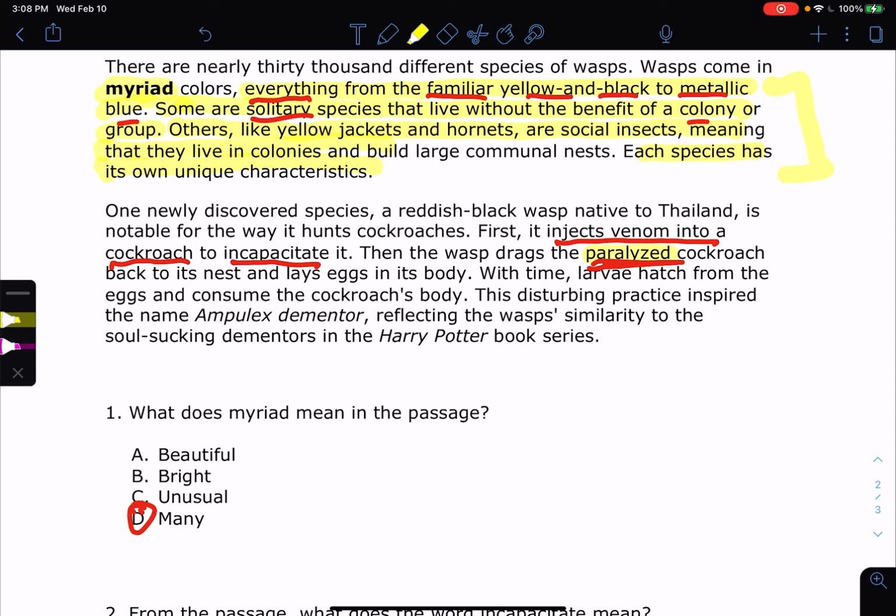With time, larvae hatch from the eggs and consume the cockroach's body. If this is too graphic for you, I apologize. This disturbing practice inspired the name Ampulex dementor, reflecting the wasp's similarity to the soul-sucking Dementors in the Harry Potter book series.